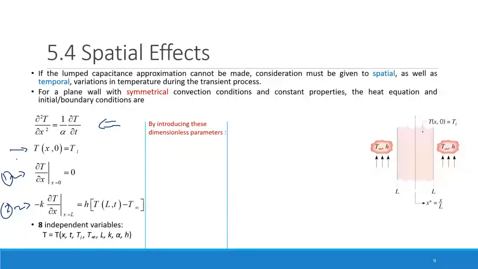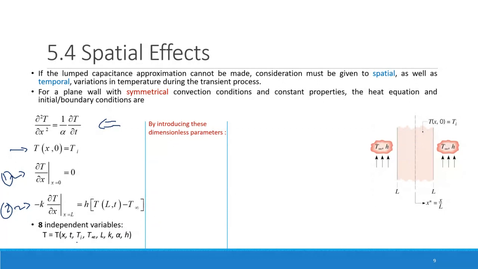The problem is that when we would like to solve this partial differential equation, we have around 8 independent variables. Temperature is a function of x, location, the initial temperature, T infinity, L, k, thermal diffusivity alpha, and h, the heat transfer coefficient. To simplify the equation and be able to solve it, it's quite similar to the similarity problem.